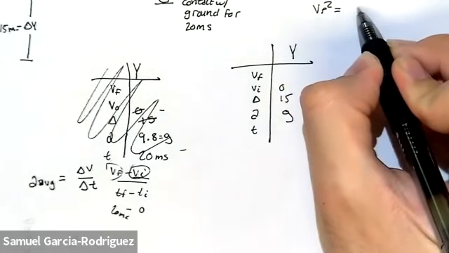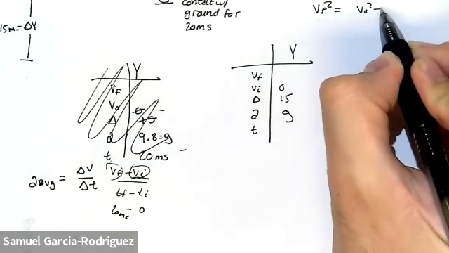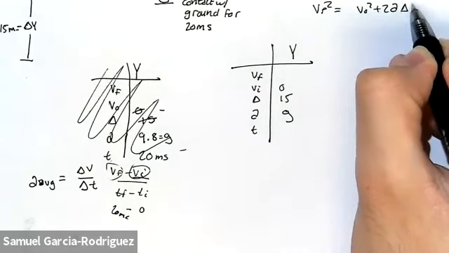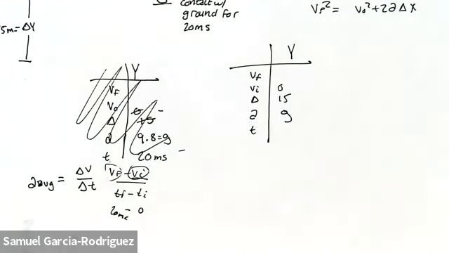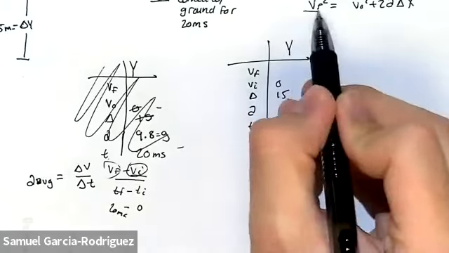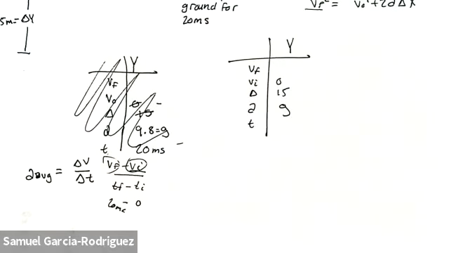V final squared equals V naught squared plus 2a delta x. Because once it reaches contact with the ground, it's going to start decelerating. So this final velocity is going to be that velocity right before it touches the ground.